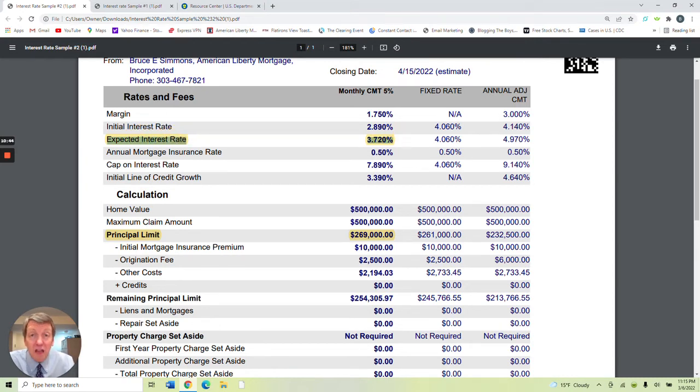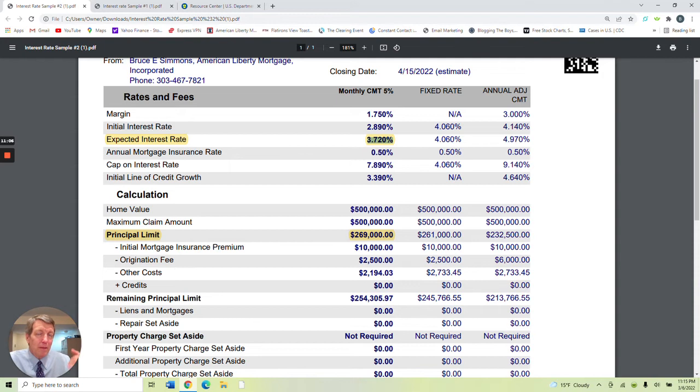Okay, so that rate's locked as of the date of the application. Now, the initial rate is not locked. We cannot lock that. FHA does not allow us to lock that rate until right before we close. Basically, once we get the final approval, then we can lock the rate and we schedule the closing. So that rate's going to continue to adjust. But this rate is locked, and that's the one that's important.